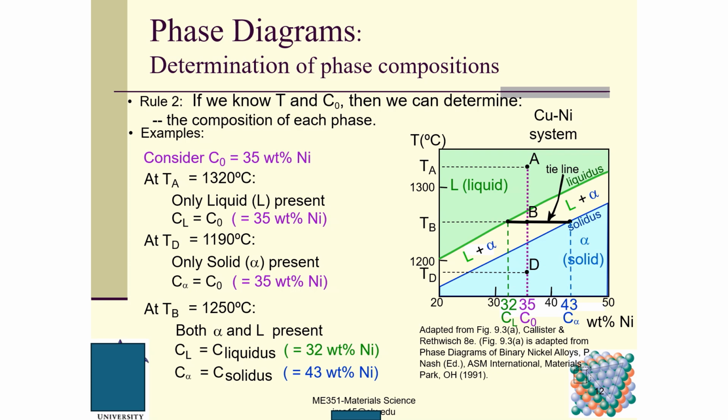If we draw a horizontal line that intersects the solidus curve, this point is 43%. That means alpha's composition is 43%, and the composition of L here is 32%. Any questions so far?